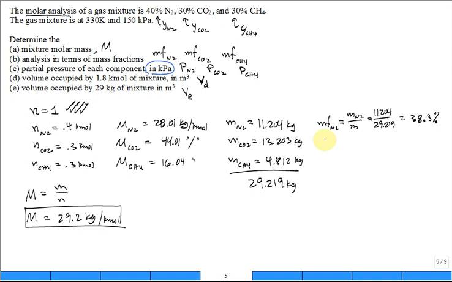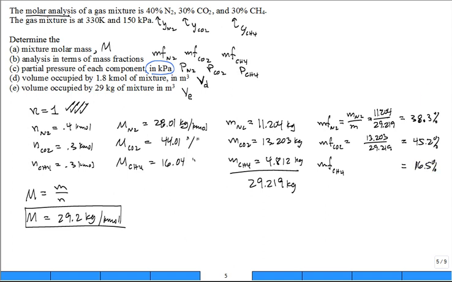And then you do the same thing, the mass fraction of the carbon dioxide. So it's going to be the mass of the carbon dioxide, 13.203 divided by 29.219. It comes right in at 45.2%. And the mass fraction of the methane comes in at 16.5%. You sum up those mass fractions to check, yes, it's 100%.